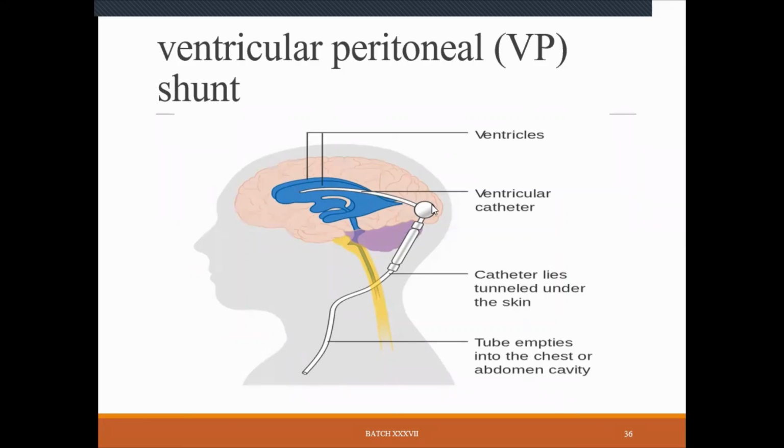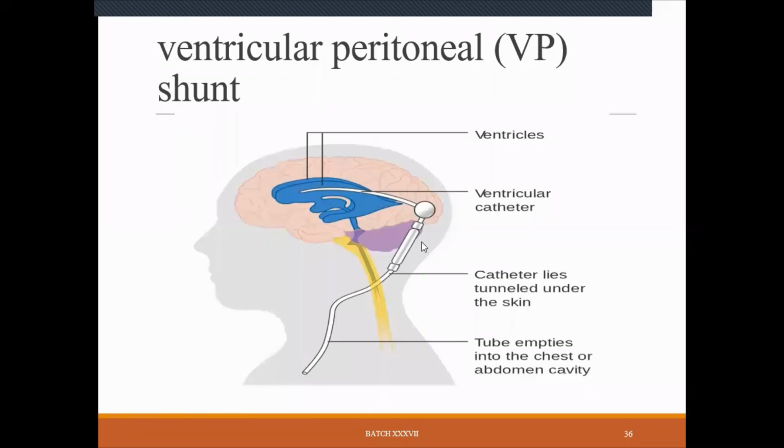A catheter is a kind of tube inserted into the body, to a certain gland or a place like the bladder, to drain the fluid, right? So a catheter is inserted, and then it is tunneled under the skin, right? It comes into the neck region under the skin.